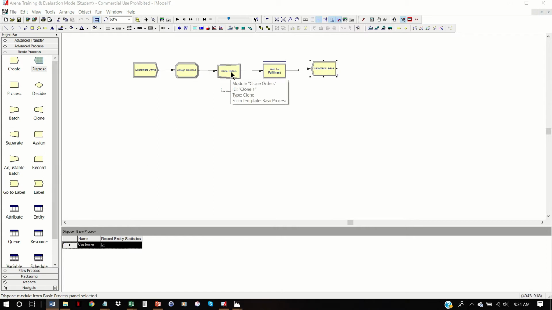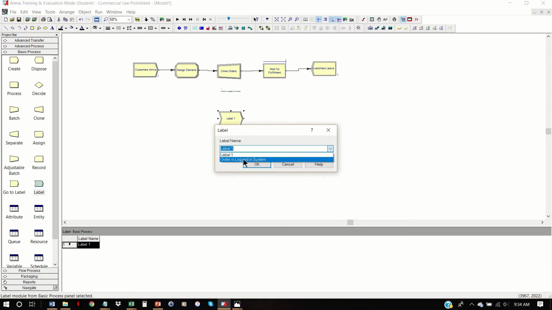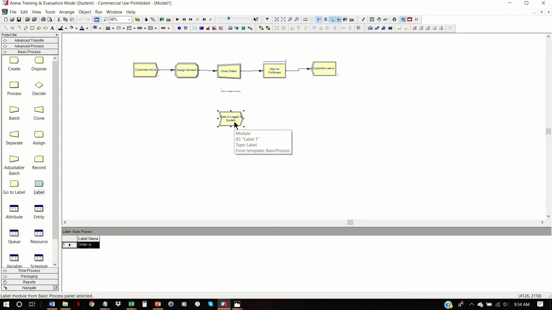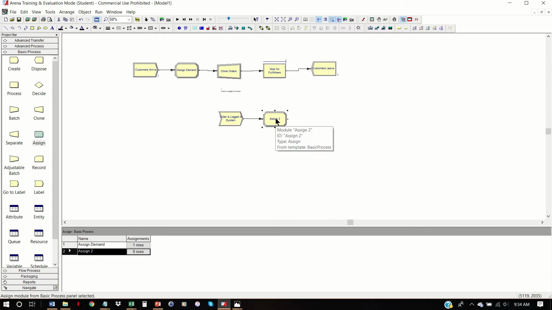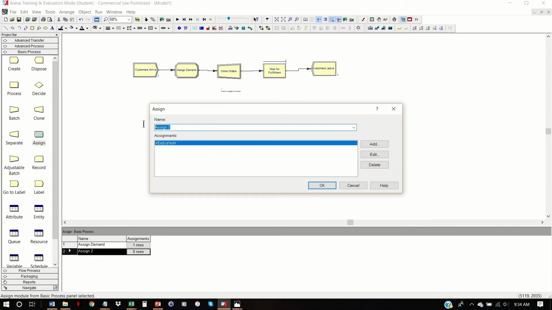Now, every time an order is logged, right, we had here that the order is logged. We're going to say this is a label. So this is now just somewhere else in the system. So now Arena will say that when this entity, the customer, gets cloned, we will send the clone here to the label order is logged in system. So when the order is logged in system, we will update our inventory levels. Let's call this subtract from inventory.